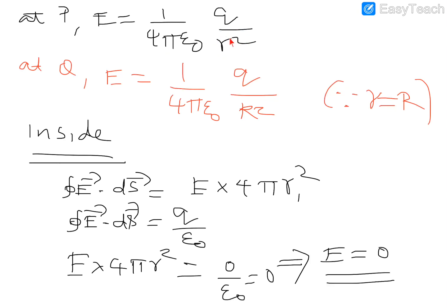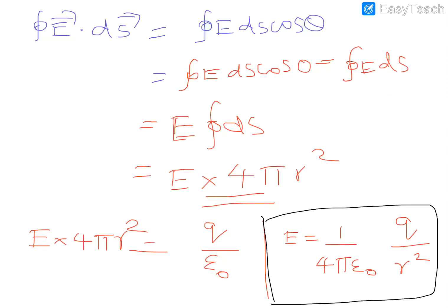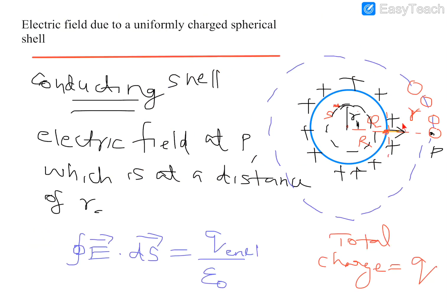If you check small letter r and capital R, you can see that small letter r is more than capital R. If P is here, small letter r is from here to here. But if the point is outside, then definitely small letter r is more than capital R, isn't it?